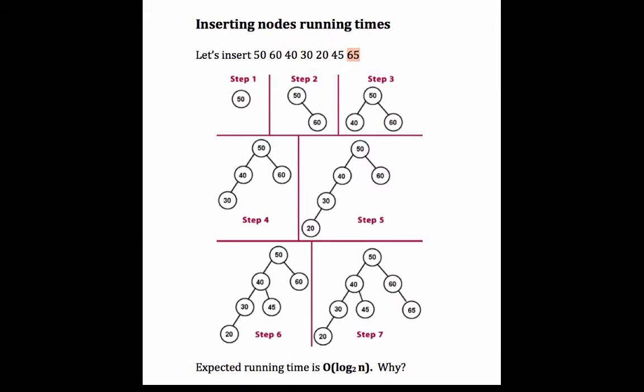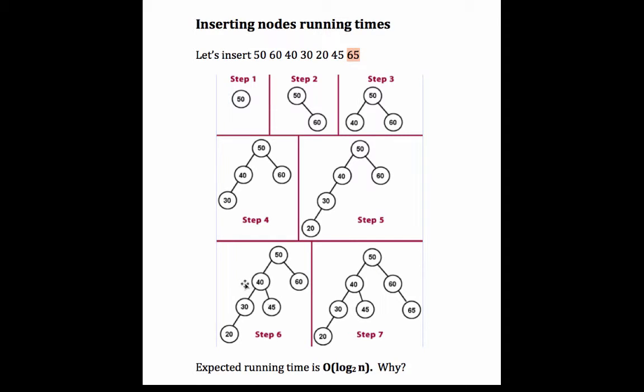The expected running time of this insertion, I claim, is log base 2 of n. And why is that? Well, let's take here step 6, right? So we're trying to insert 65. So what do we do? We compare 65 with 50. And to find the place of insertion, now we make a decision that says if we're going to insert 65, it has to be on the right subtree.